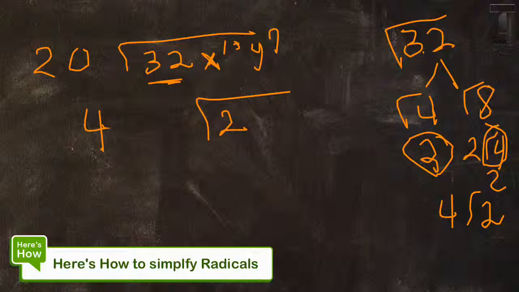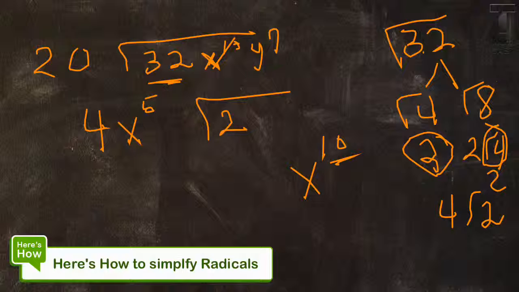Now let's look at our variable parts. X to the 10th power. The square root would be whatever that is cut in half. So the 10 cut in half would be x to the 5th power. So you say x to the 5th power is outside the radical. Okay? And then we're through with the x.